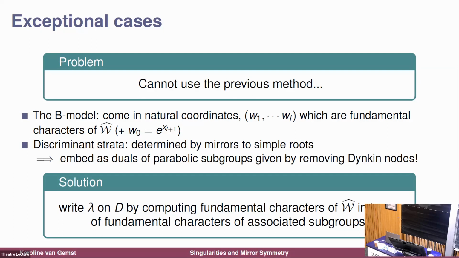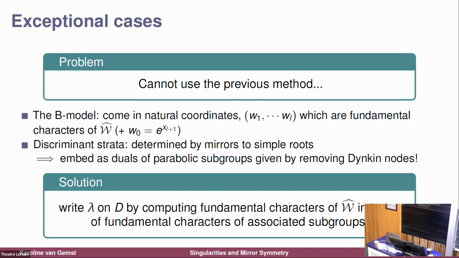And why this is smart is that our spectral curves come very naturally with a set of coordinates, which are fundamental characters of the affine Lie group.